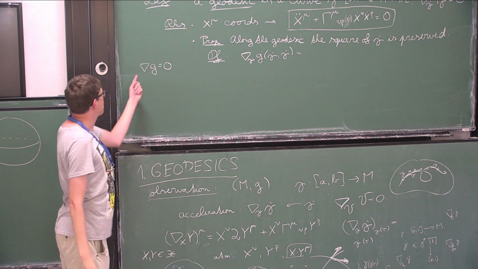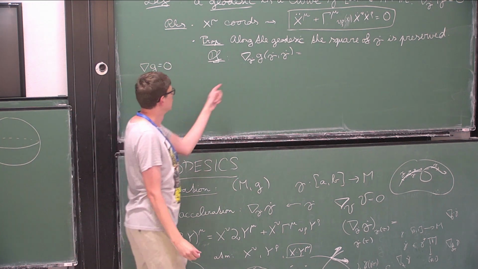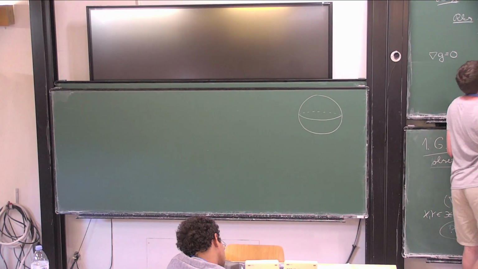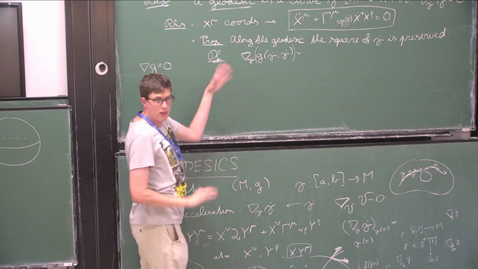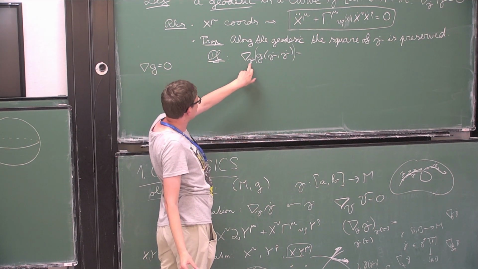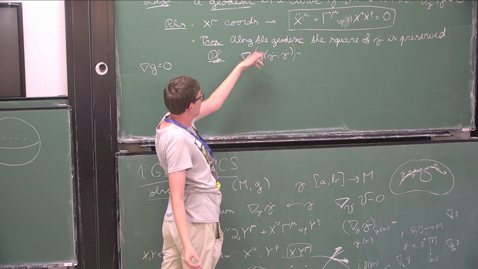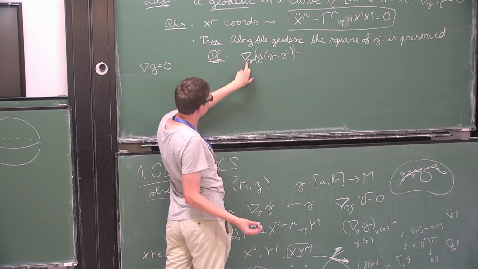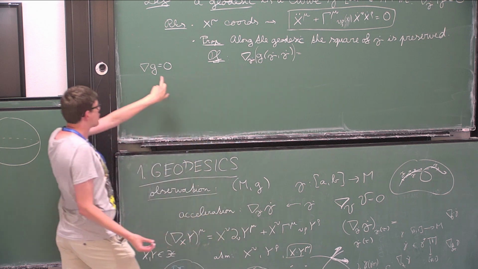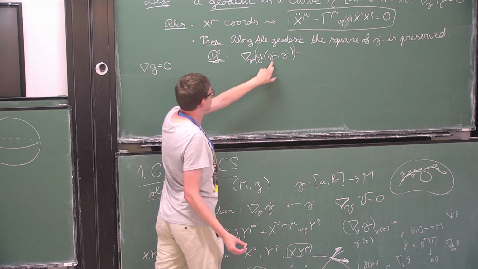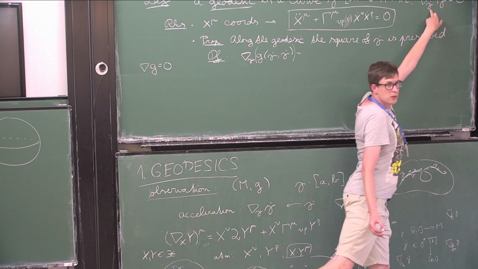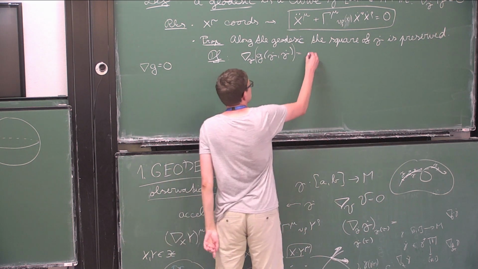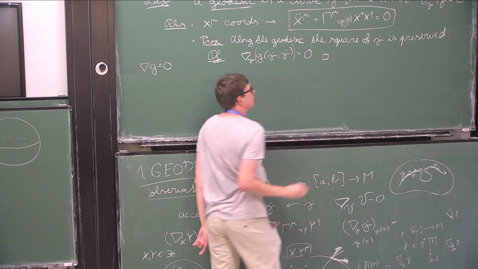So if you act with nabla on g, it is 0. There should be a big parenthesis here. Essentially what it boils down to is that this acts in a derivative way: it either differentiates g, which is 0, or it differentiates gamma dot, which is also 0, or it differentiates the other gamma dot, which is also 0. So this is 0. That's the end of the proof.